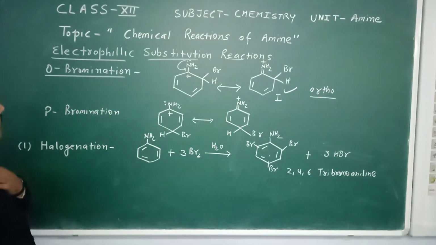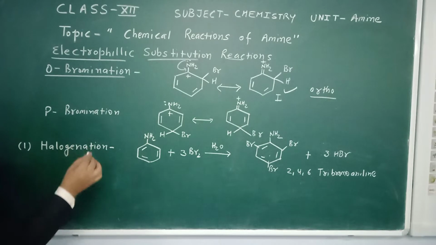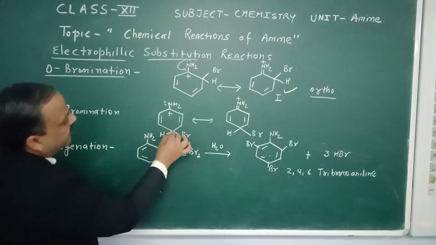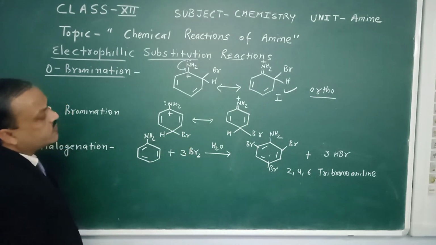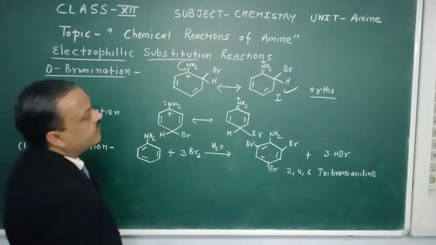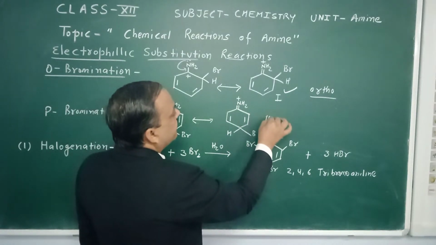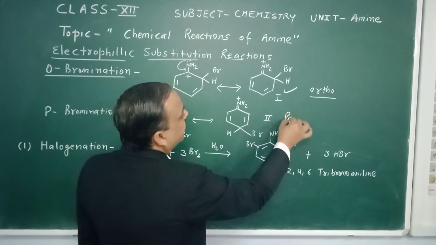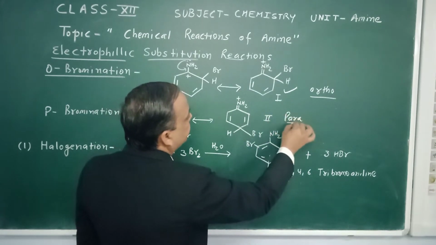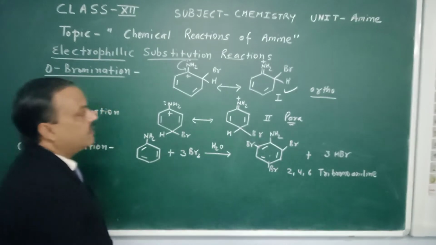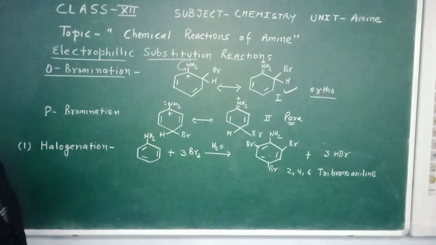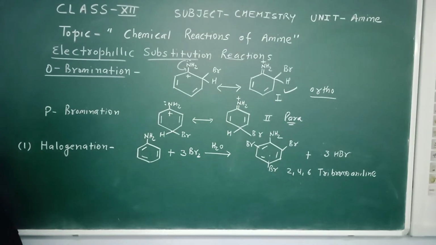In the second possibility, the para position is also electron rich, so the next possible product will be the para product. It means both kinds of products will form in electrophilic substitution reactions.